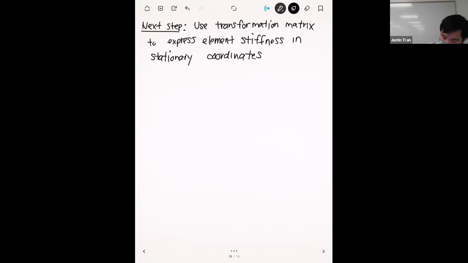Okay. All right. Because right now what we have is something like this, right? So let's say that we have a truss element, and let's say that it's angled arbitrarily, and that we've rotated by an angle theta.